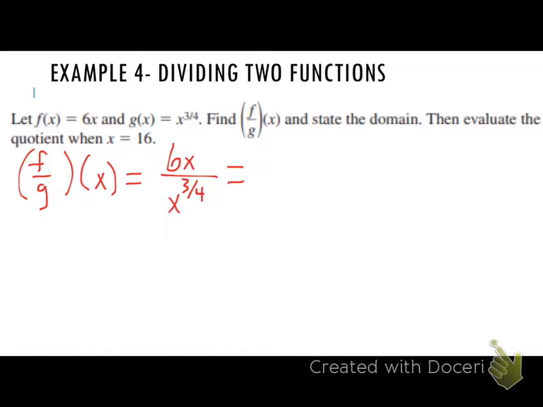Subtract what? The exponents. So let's divide our coefficients first. What's 6 divided by 1? 6. What's the x's in the numerator's exponent? 1. So I get x to the 1 minus 3/4. Remember, if you're dividing something with the same base, subtract the exponents.